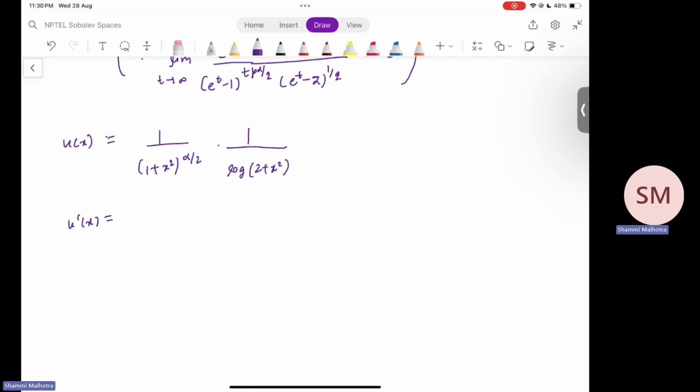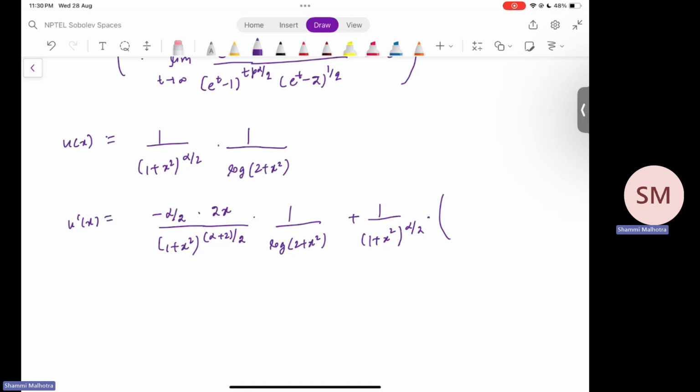So this u dash x will be minus alpha by 2, (1 plus x square) to the power alpha plus 2 whole divided by 2, and then we have a 2x times log(2 plus x square), plus 1 upon (1 plus x square) whole to the power alpha by 2, and then we have to differentiate this thing.